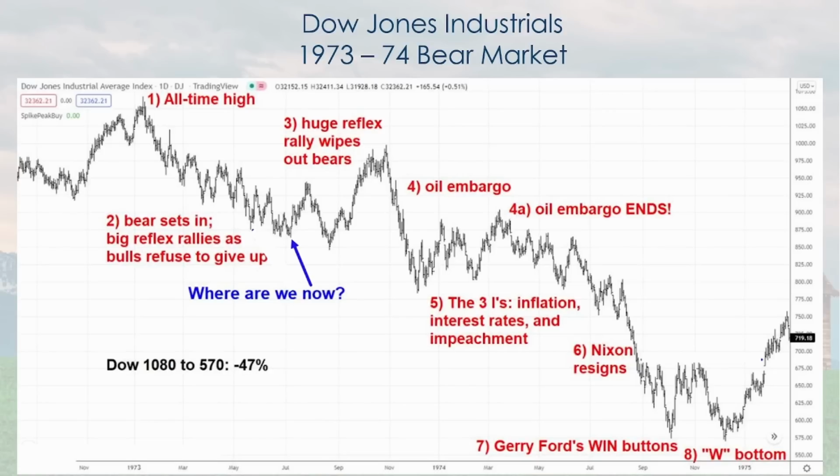Now this is 73, 74. It did go up following 74, but only for a while, because 79 to 81, 82, that's when it finally ended. And so it went up temporarily at the end of this, but it wasn't done. I put an arrow here.